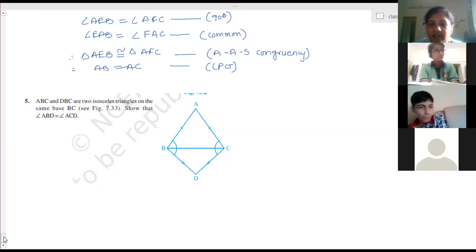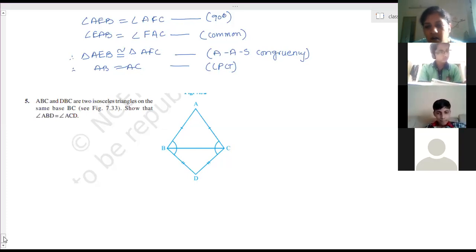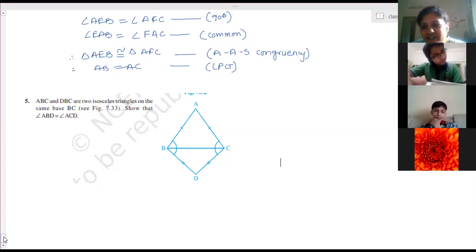So how to prove these two triangles are equal? Ma'am, BC is common side. Okay. But angle B and angle D are not included in one of the triangles. They are included in both the triangles. No congruency needed. It's very easy.